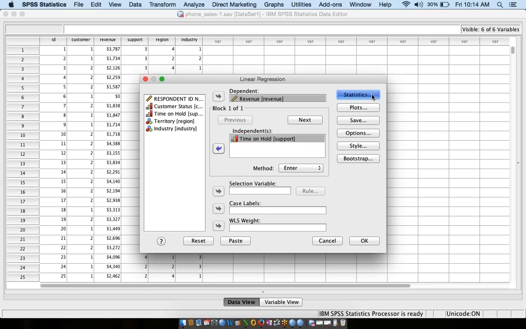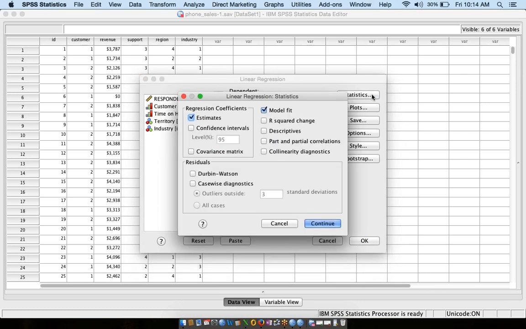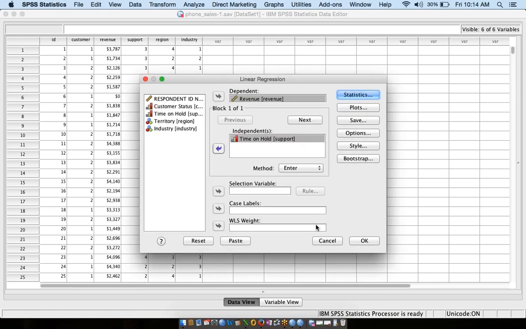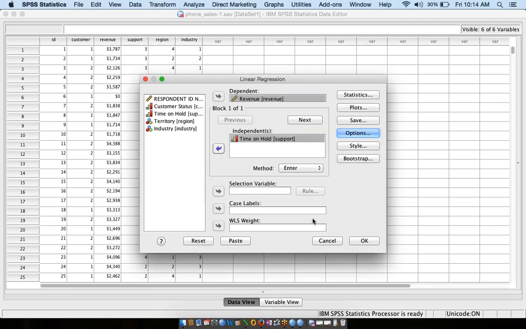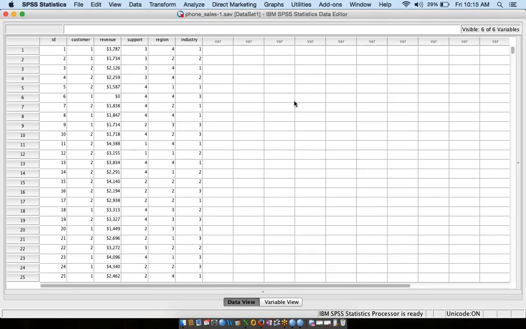In statistics, I'm going to ask for confidence intervals and descriptives. And options, I believe I'm going to leave everything the same. And I hit OK.